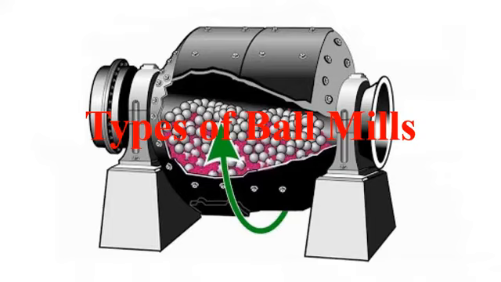So dear student, overall, the types of ball mill apparatus will depend on the grinding medium, the flow inside the ball milling apparatus, the shape of the ball milling apparatus, and so on. So on the basis of the desired requirement, there are different types of ball milling apparatus.